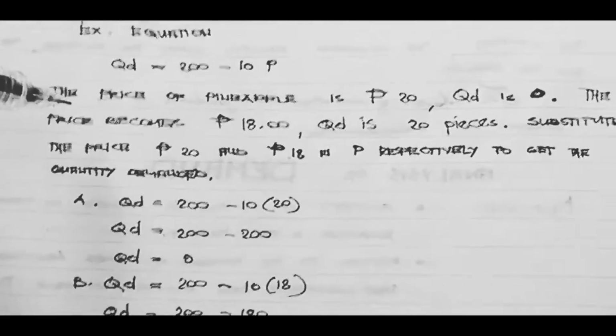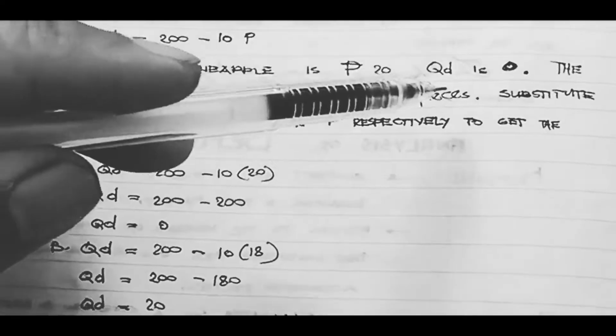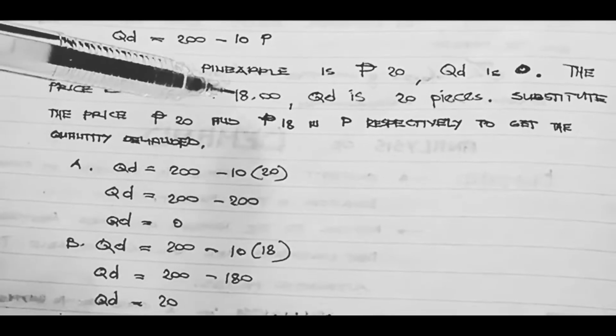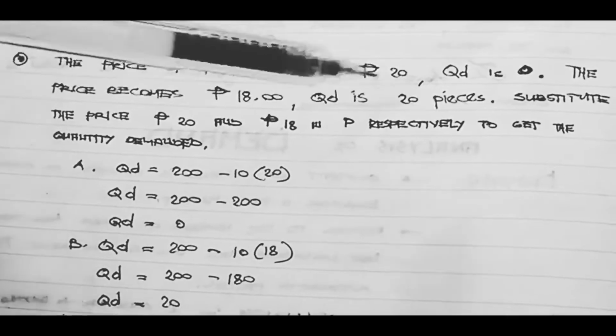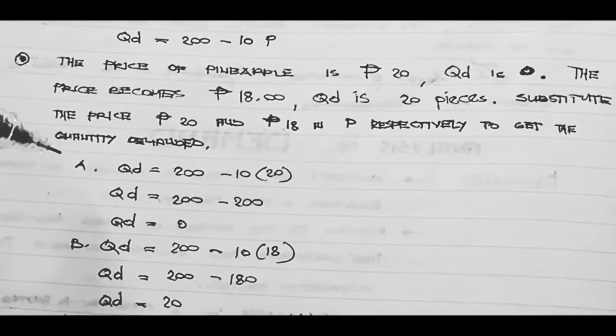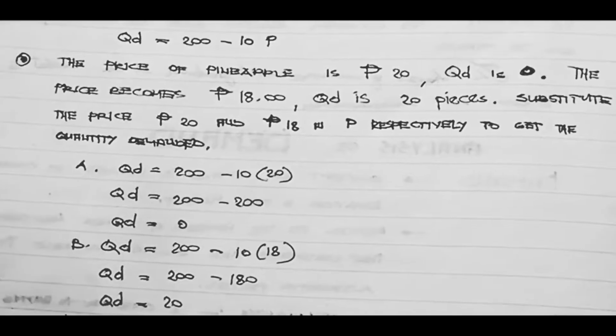So if the price of a pineapple, for example, is 20 pesos, quantity demanded is 0. Then the price becomes 18, so quantity demanded is 20 pieces. Substitute the price 20 with 18 in the P to get that certain quantity demanded.